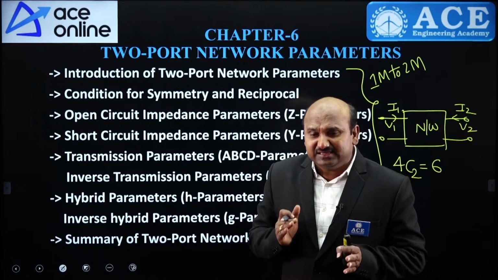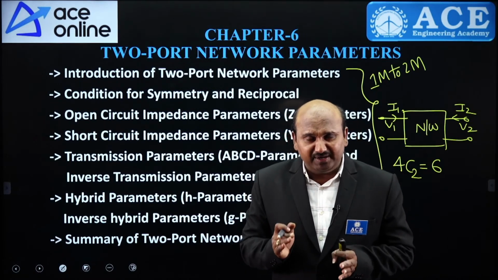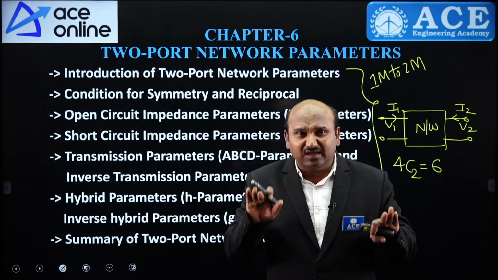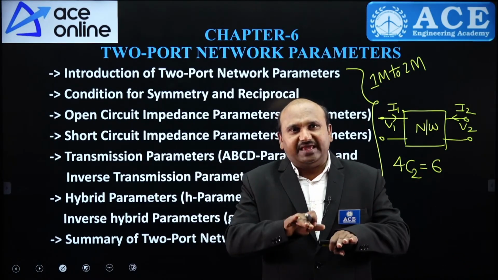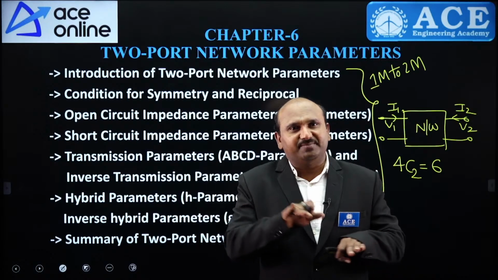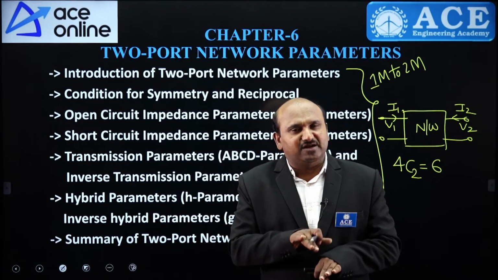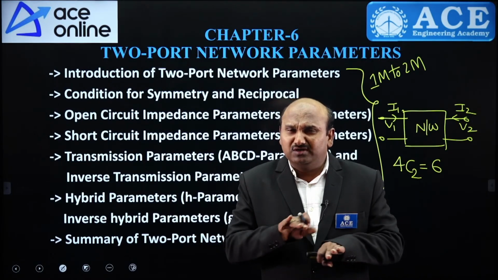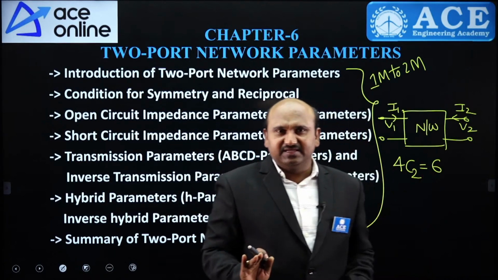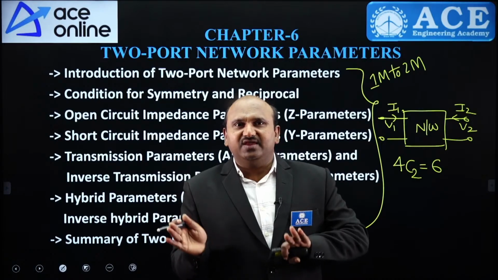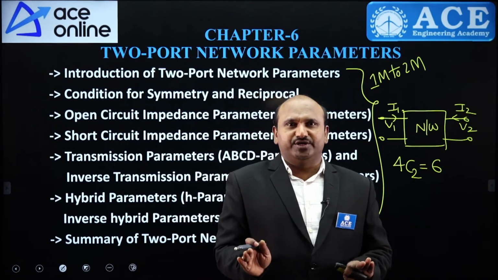And guys, in these 2-port network parameters, you need not bother about the conversions from Z to Y, ABCD to inverse ABCD, G parameters, H parameters. Don't remember the formulas for these. You just remember one thing: from Z to Y, Y to Z, how do we do it?